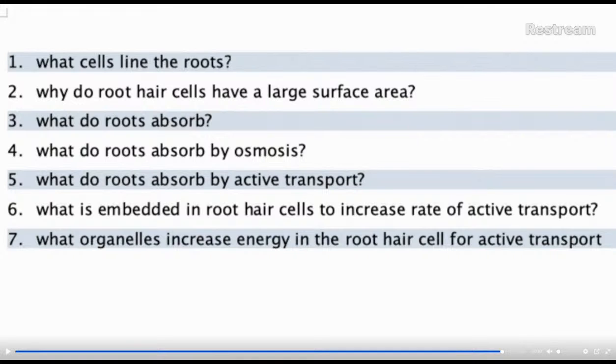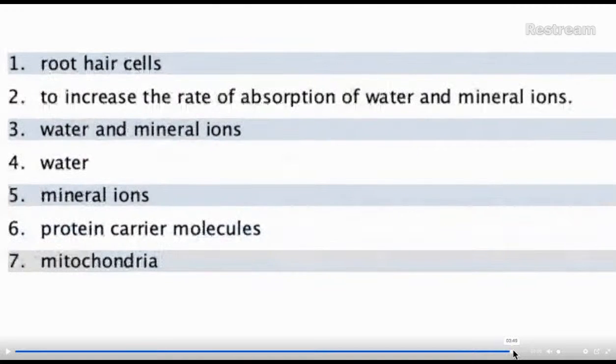Right, let's now go through the answers. So those are the answers.